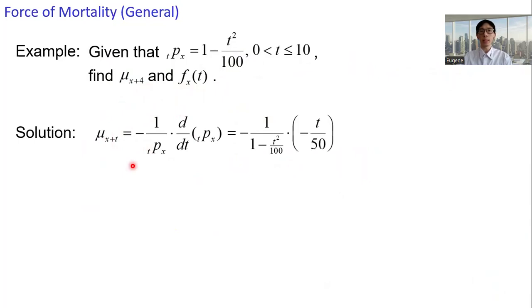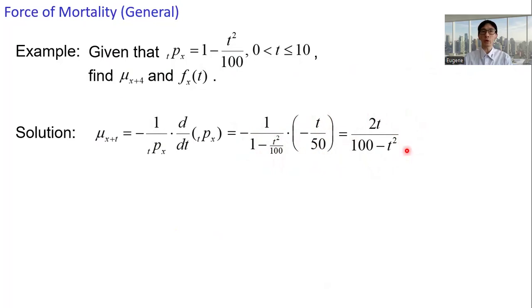So we simply take the derivative of tpx with respect to t. So we get negative t over 50 and then over tpx. And this simplifies to 2t over 100 minus t squared.